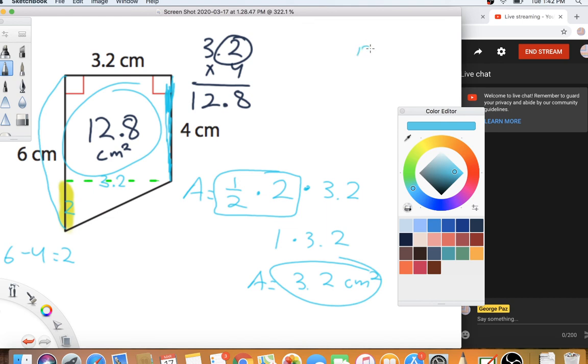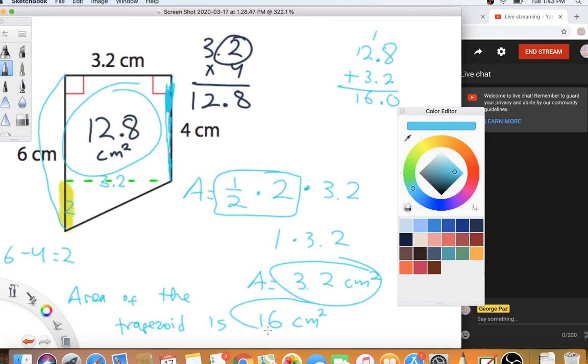So when I do that, it's 12.8 plus 3.2. Remember, line up your decimals when you're adding. 0, carry the 1, 3, 4, 5, 6, 1. So that means that the area of the trapezoid is 16 centimeters squared.